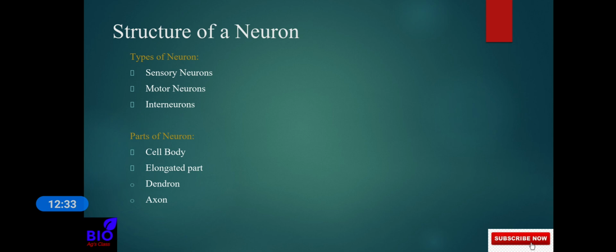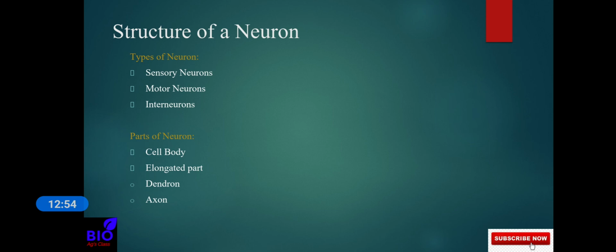Okay. So what is that elongated part? What is the function of that elongated part? That elongated part is actually of two types. One is dendron and one is axon.